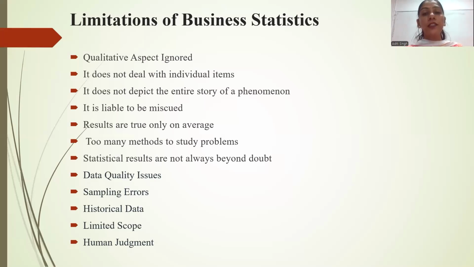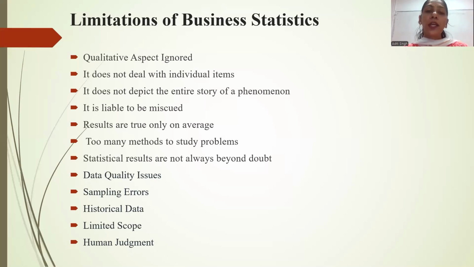Next limitation is results are true only on average, as we have also discussed earlier. Here the results are interpreted for which time series, regression, percentage, average or probability, many tools can be used.